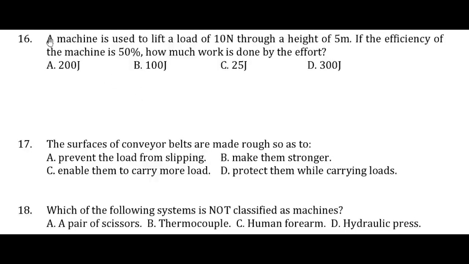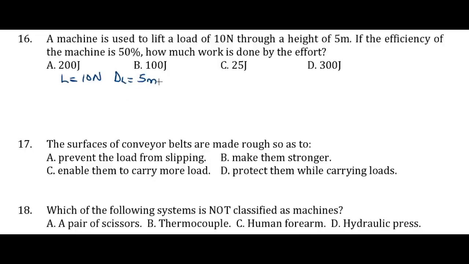Question 16. A machine is used to lift a load of 10 Newton through a height of 5 meters. If the efficiency of the machine is 50%, how much work is done by the effort? We just did something very similar to this. We have load to be 10 Newton and distance moved by load to be 5 meters.